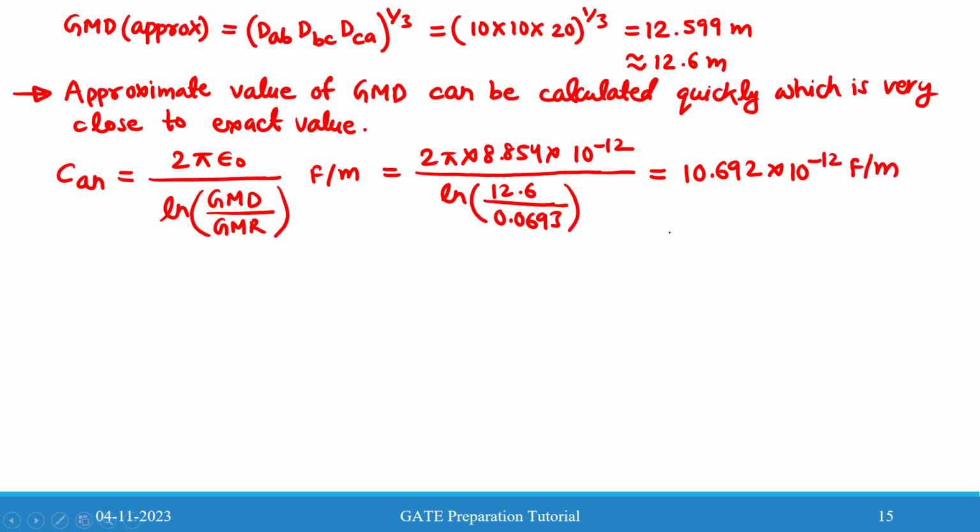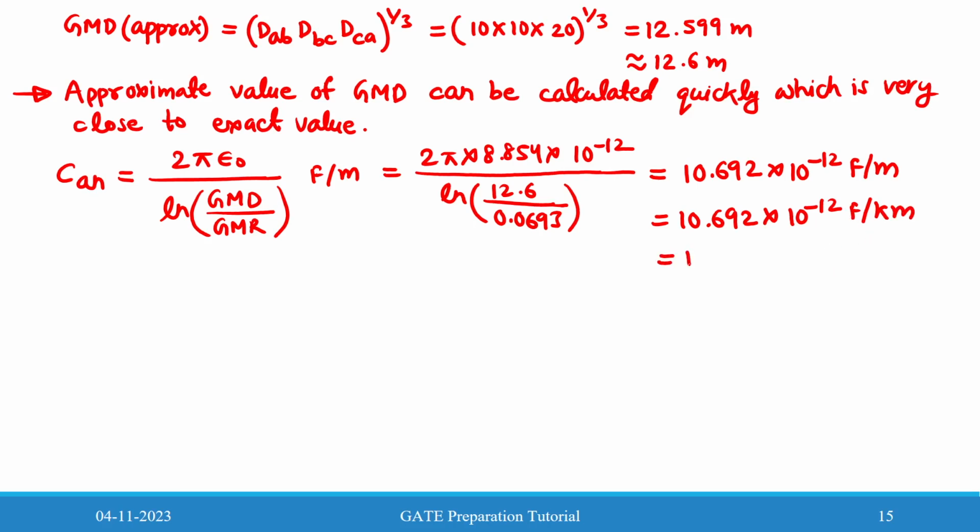We have to find the exact value because we are going to find the charging current. For charging current we have to multiply with length, so let us first convert into kilometer: 10.692 into 10 to the power minus 12 farad per kilometer, and the line length is 250 kilometer, as given in the question.